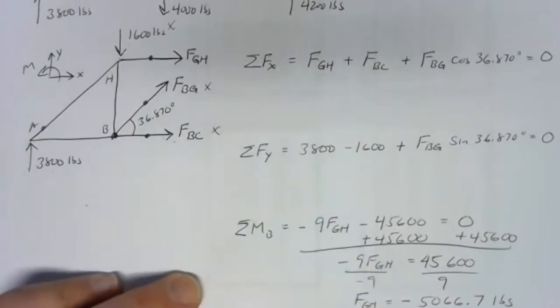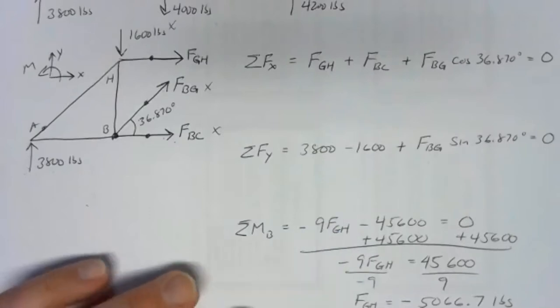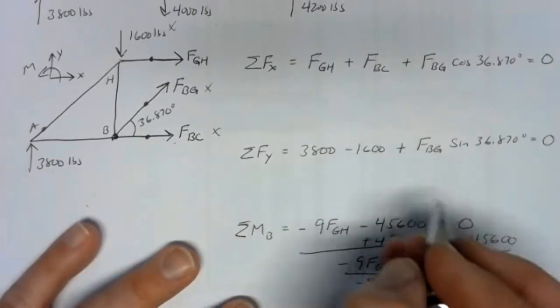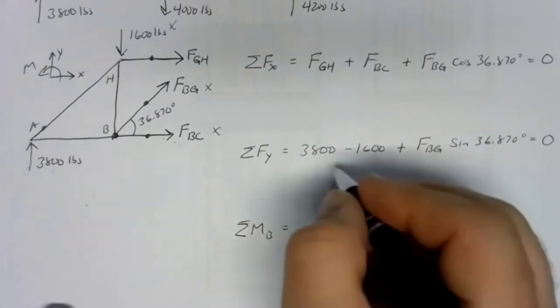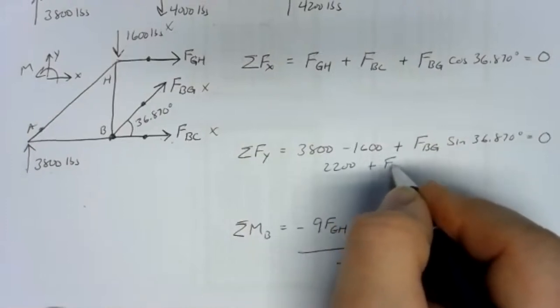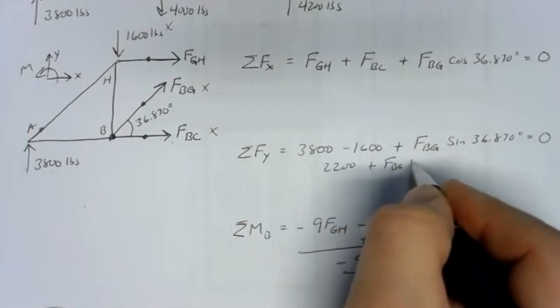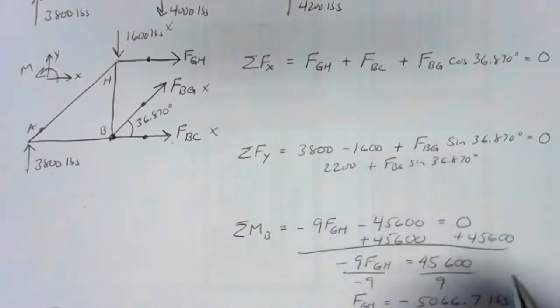So when I go and use that in the x direction equation, I've got to make sure to use the negative in there. Let's take a look at the y direction equation. If we simplify the y direction equation down a little bit, we've got 2,200 pounds plus FBG sine of 36.870 degrees equals 0.